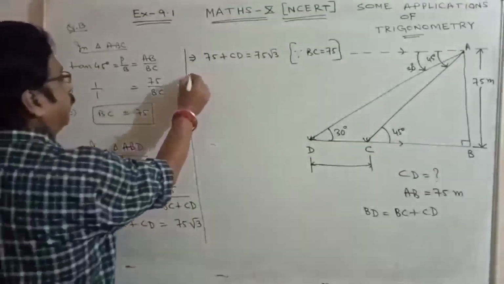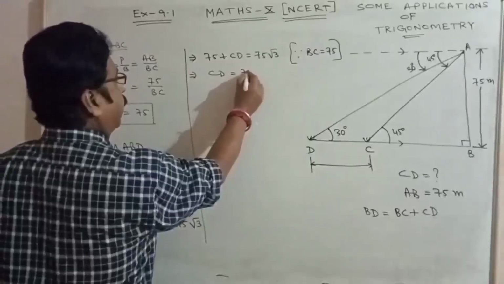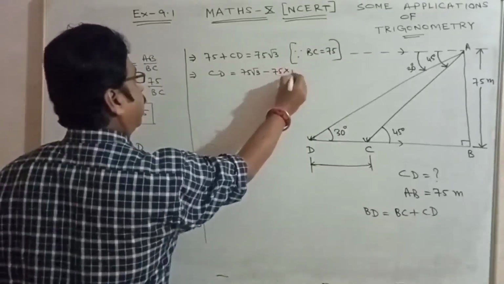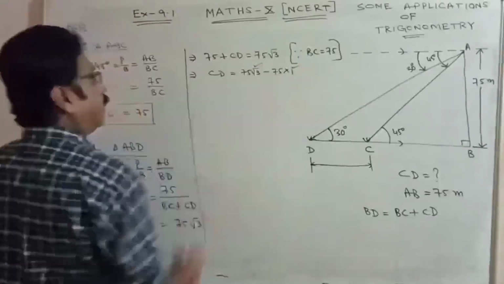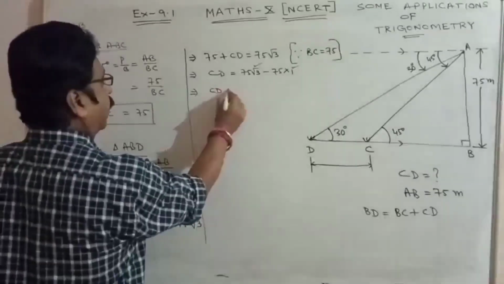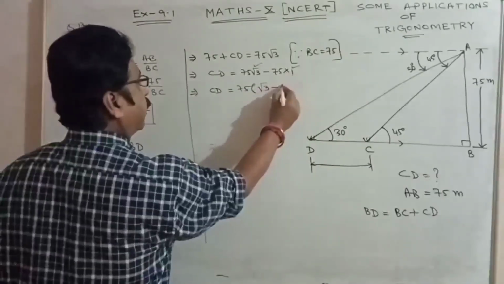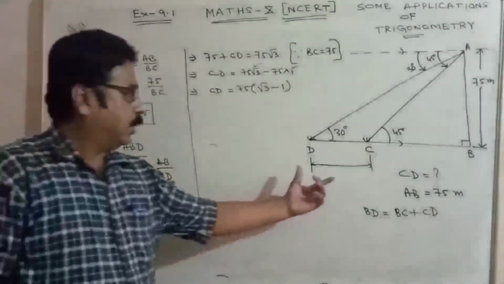Now CD will be 75 root 3 minus 75. We can write 75 into 1. Now 75 is common. It will be root 3 minus 1. CD we got.